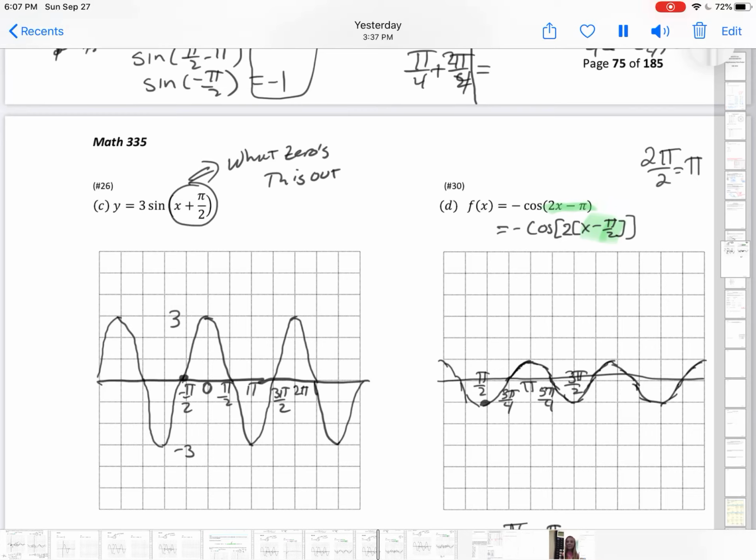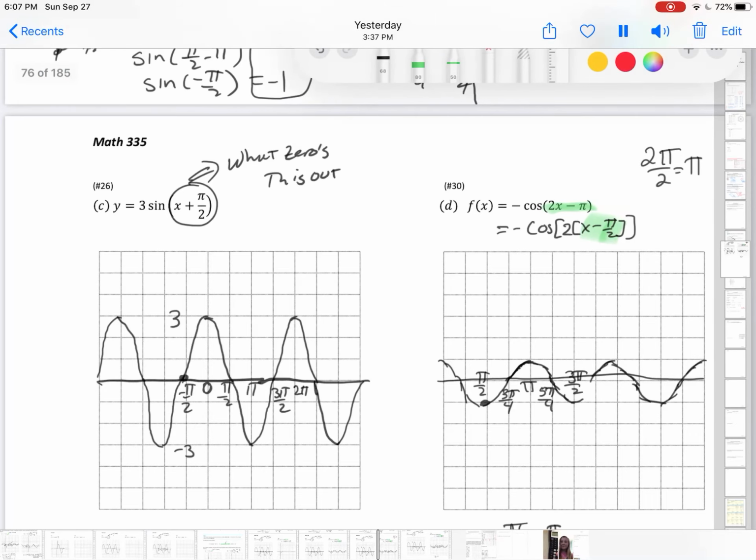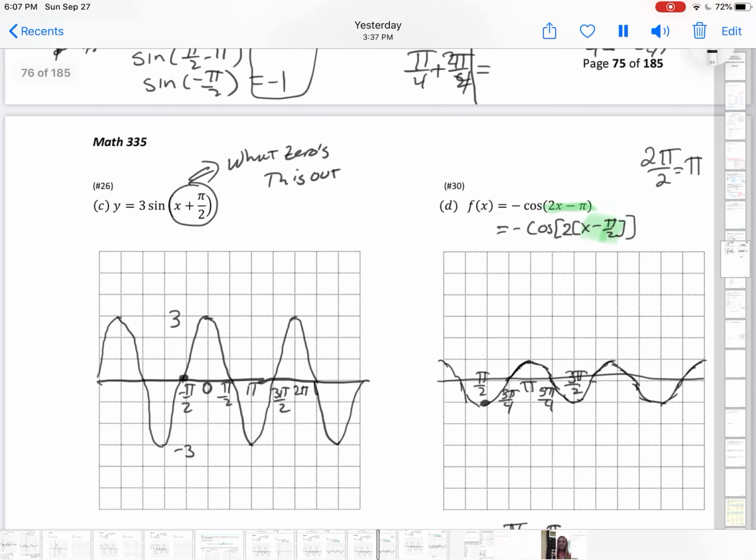Right here at this 0 would be 7 pi over 4, and the 2 pi is right there coming through. It's because I'm forgetting that I'm starting at pi over 2, so everything's pi over 2 later. That's where I got myself confused.